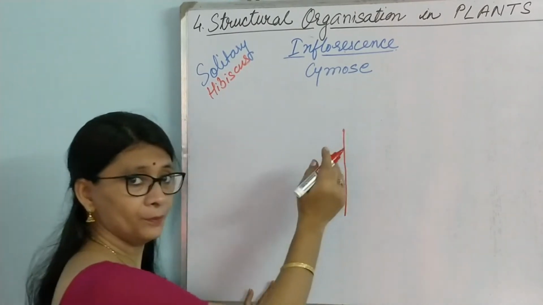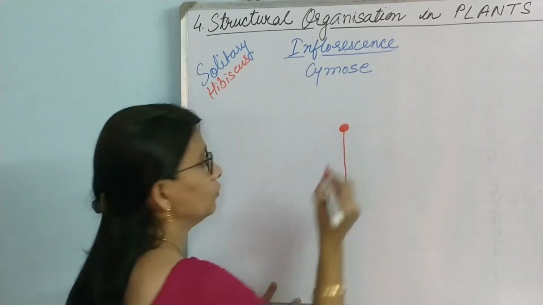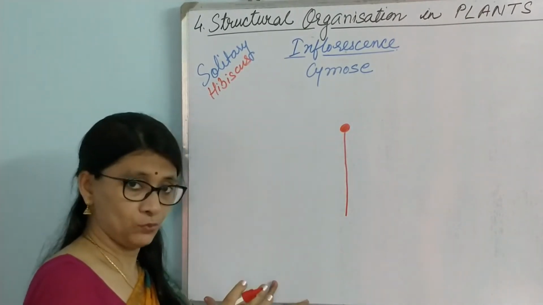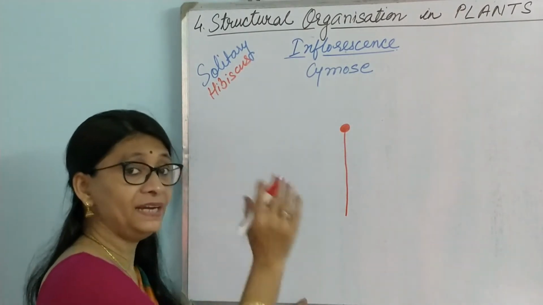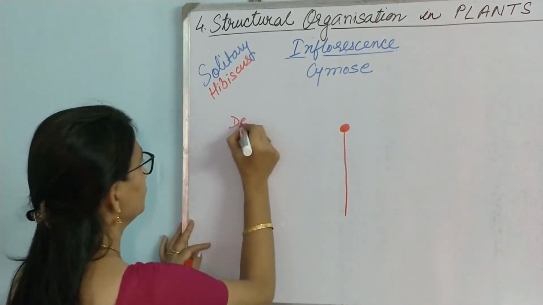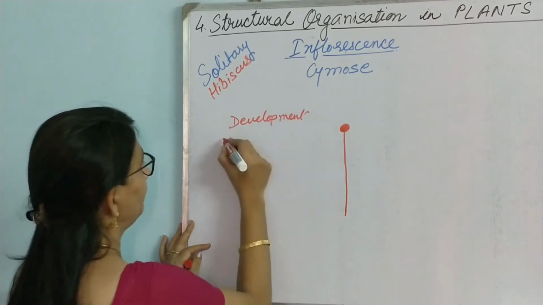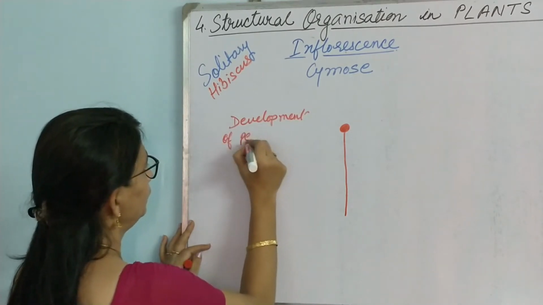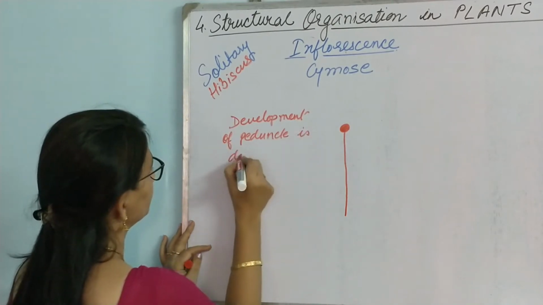This is a peduncle. Here the peduncle will end in a flower, unlike racemose inflorescence where the development of the peduncle was indefinite. Here we see that the development of the peduncle is definite.